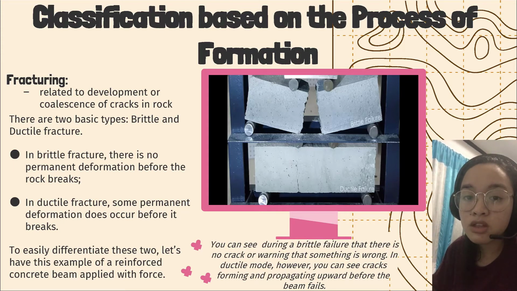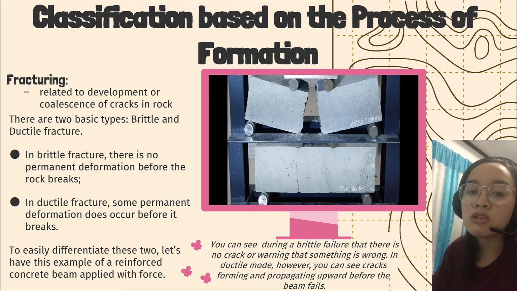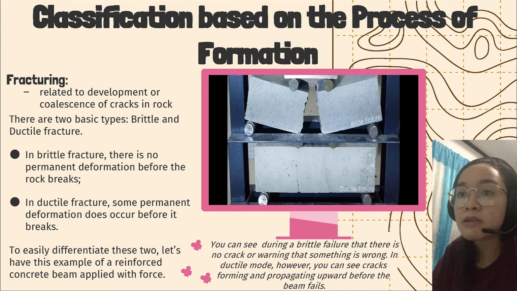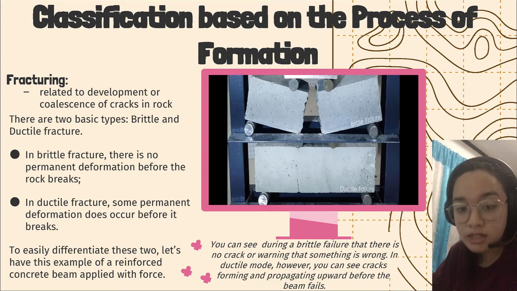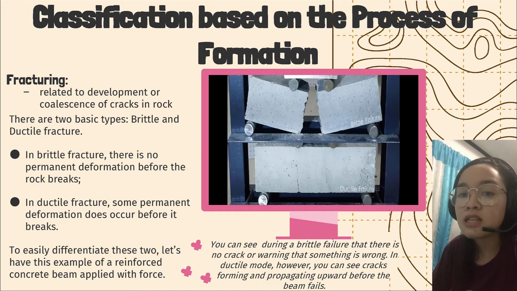To distinguish these two easily, let's use this example of a reinforced concrete beam applied with force. As you can see, during a brittle failure, there is no crack or warning that something is wrong. In ductile mode, however, you can see cracks forming and propagating upward before the beam fails.